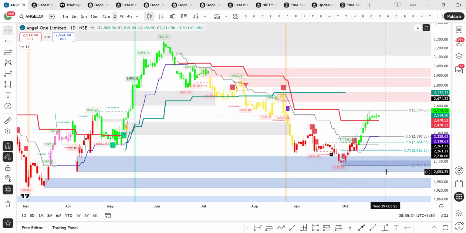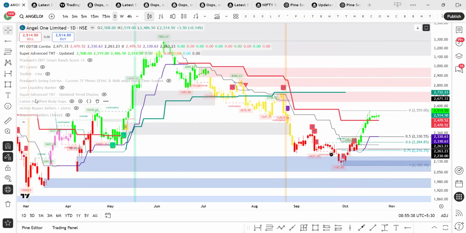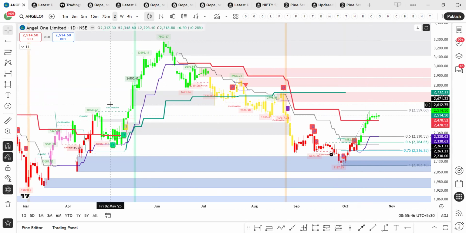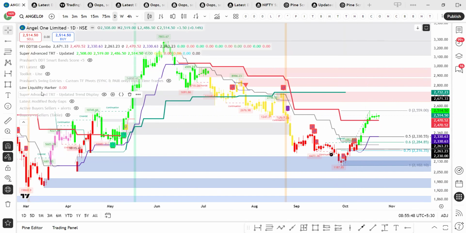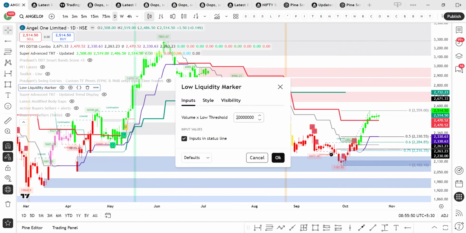So this is one parameter which I follow, the stock which is highly liquid. And for that I use this indicator which I have made available, low liquidity marker. If you search for this low liquidity marker, you will get it. What I have done is I have set it at 2 CR. So this is volume into low threshold, which is 2 CR.